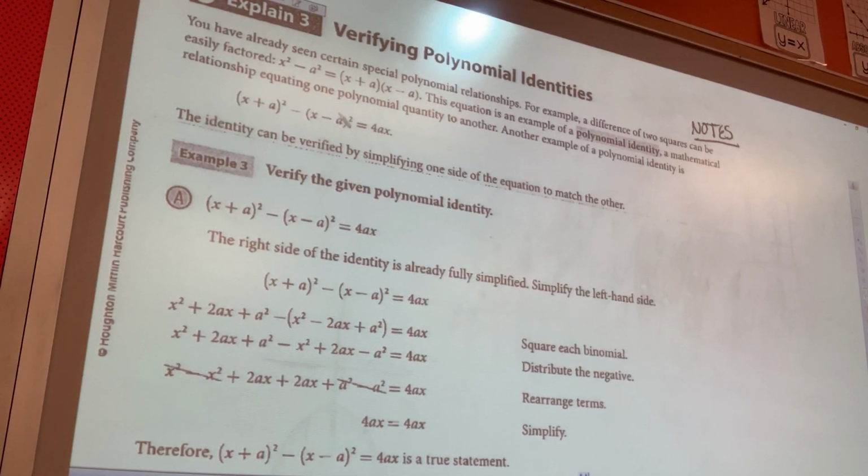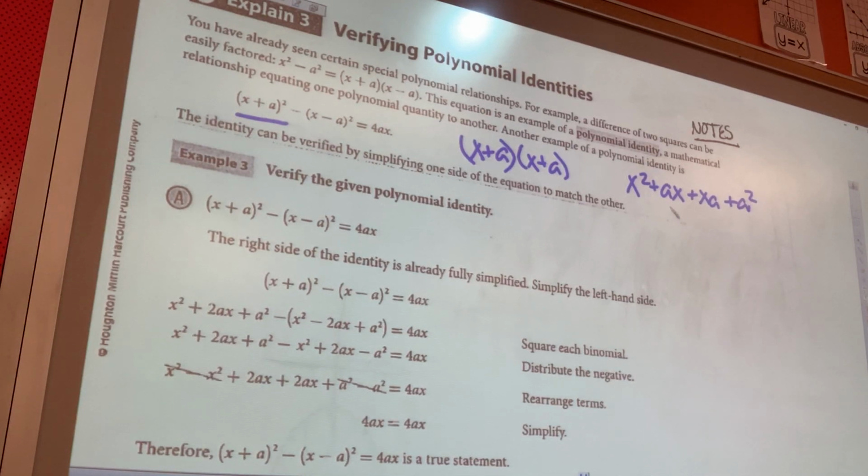Polynomial identity is just when we are equating one polynomial expression on one side of the equation equal to another. So this is an example of one. We would need to multiply x plus a times x plus a. That's what this is. And when you do that, you get x squared plus ax plus xa plus a squared.